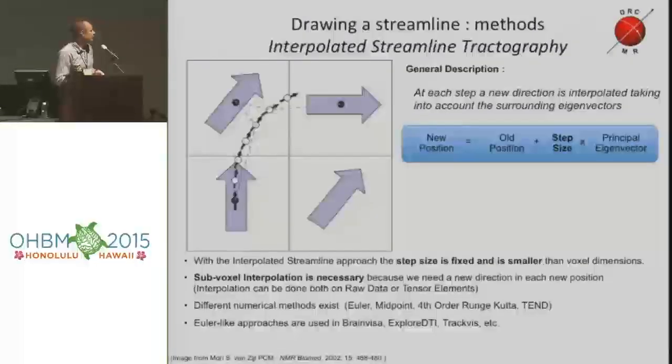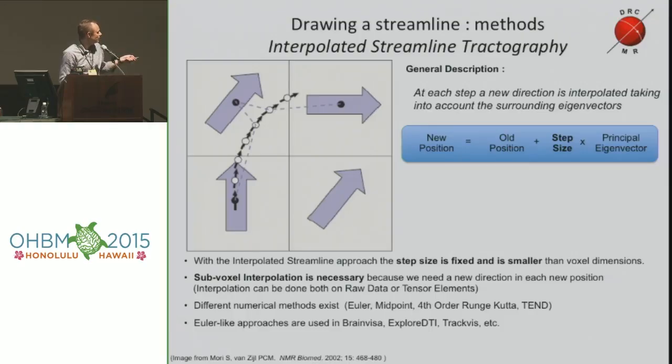This is interpolated streamline tractography, which is probably the most used in different toolboxes today. The principle is that we have this grid of voxels with the principal directions, and then we interpolate these directions, giving a high resolution interpolated field of principal directions.